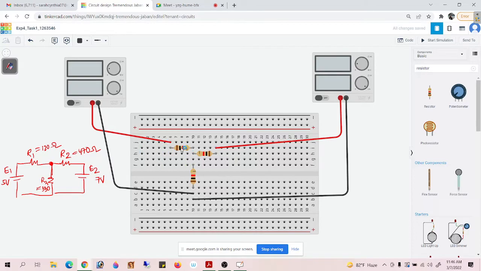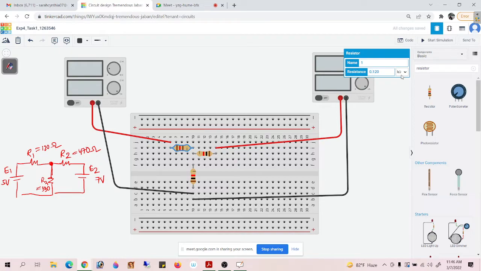Now let us change the value of the resistances. The first resistance, R1, should have a value of 120 ohm. So I am changing 1 kilo ohm to 120, and changing the kilo ohm to ohm. You may keep it as kilo ohm if it suits you, but you have to put a decimal before 1.